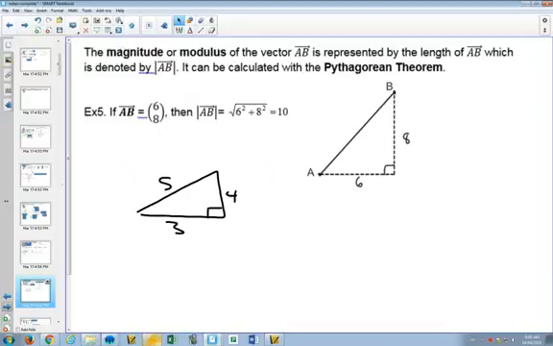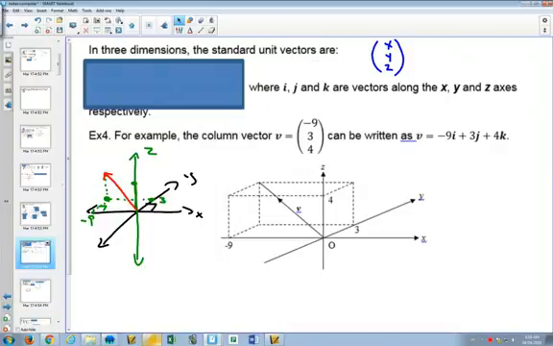And what's really cool, and we'll see it in our notes in a bit, is that you can do the same thing with 3 dimensions. If I wanted to figure out how long this vector v was, I could do a squared plus b squared equals c squared and do this length right here.